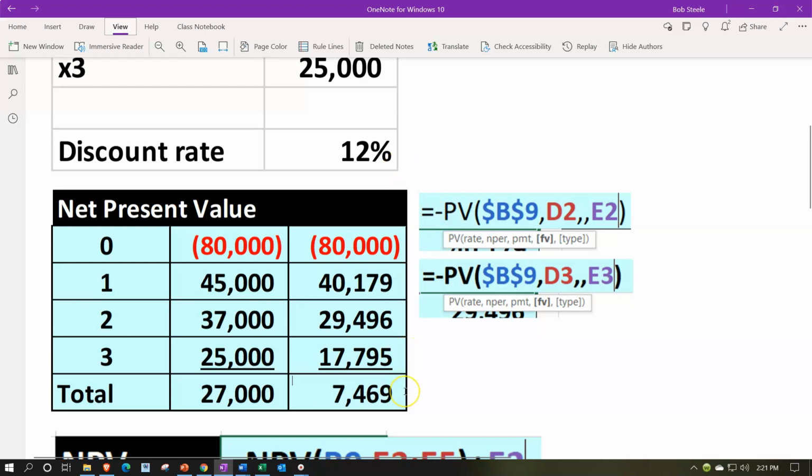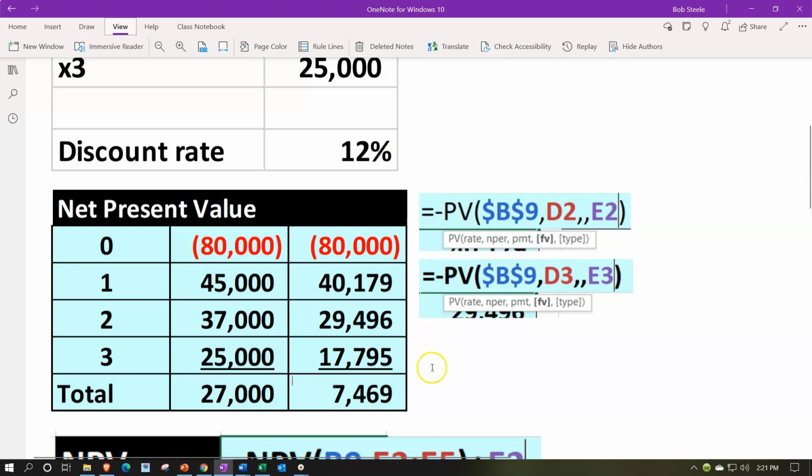Now, the higher this number is, however, the better. At this point, I know I cleared the 12%, and I know I like this number being higher if I compare it to other types of projects. The higher the number, the better, but I don't know exactly what my rate of return is on a percentage basis. That's what the internal rate of return is.